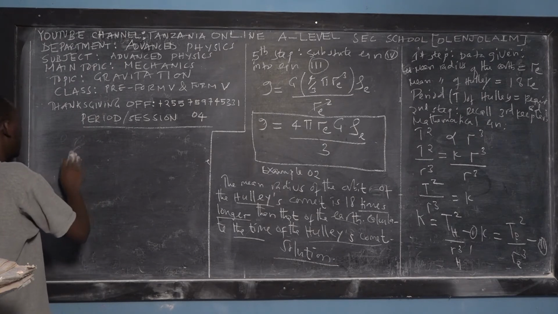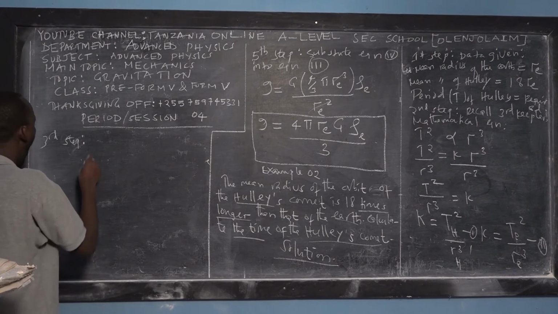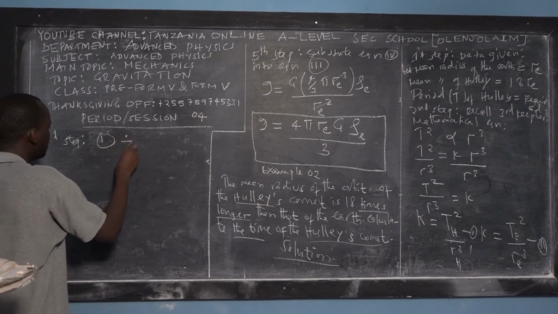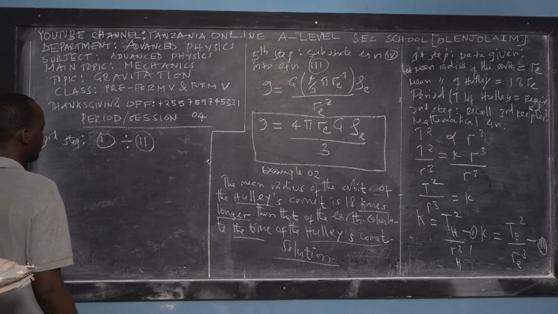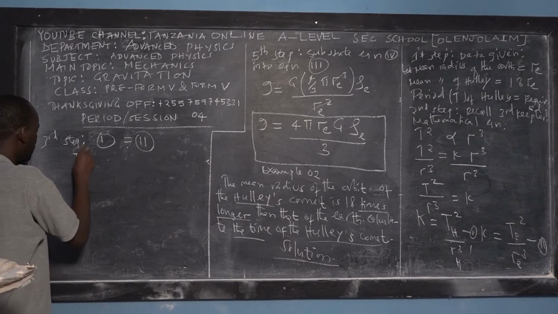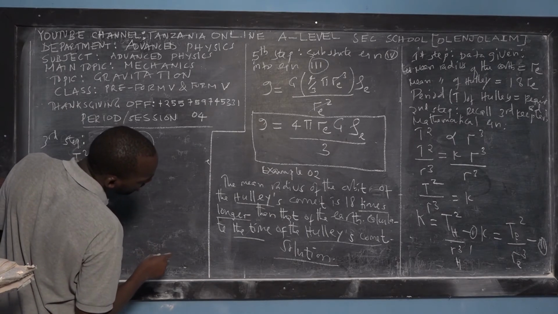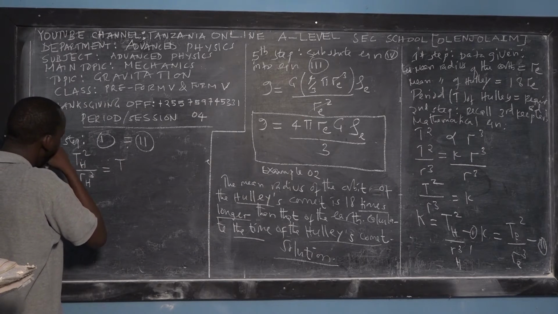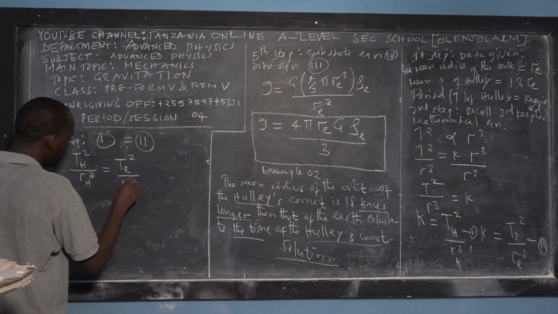Third step: take equation 1 equal to equation 2, so we equate. So we say that the period of Halley squared over the radius of Halley cubed, sorry, is equal to the period of the Earth squared over the radius cubed of the Earth.